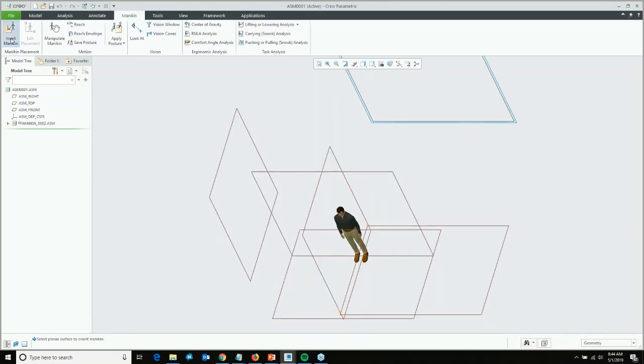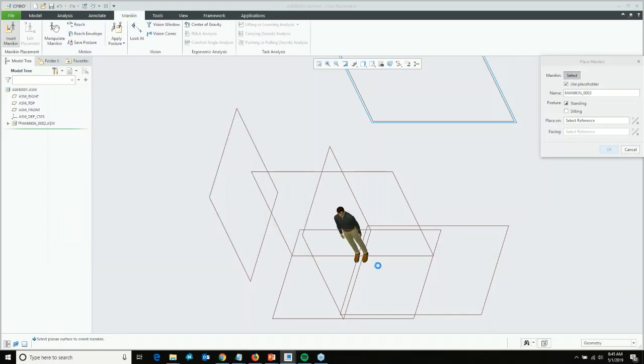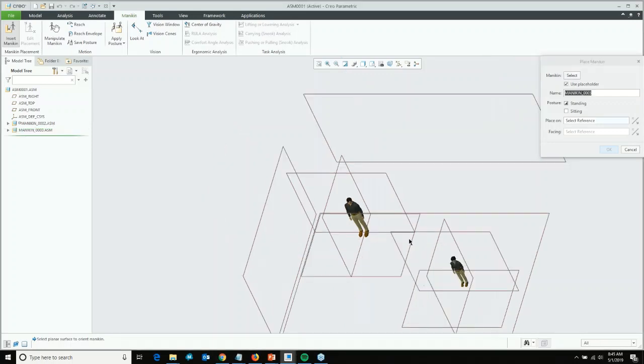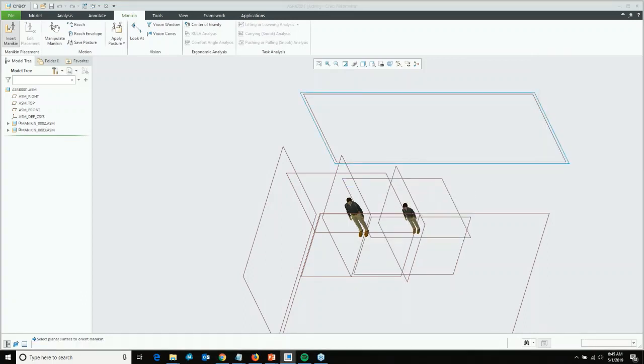Now let's place a couple more for context and to better understand it. Let's say I want to place a Chinese woman in the 5th percentile. Open. We'll also face this reference. All right, good. Then finally we'll place one more.